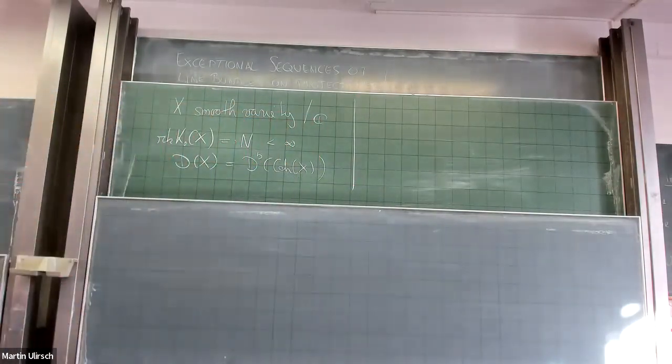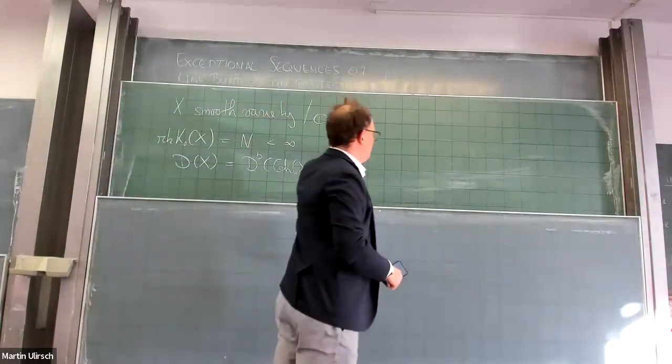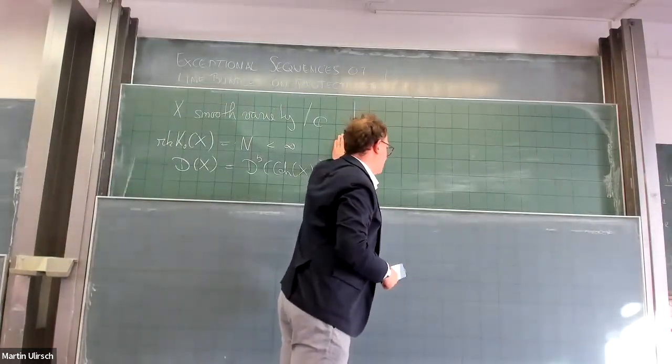In the paper, especially the one with Klaus, basically everything is combinatorial. So let's take that as a definition.